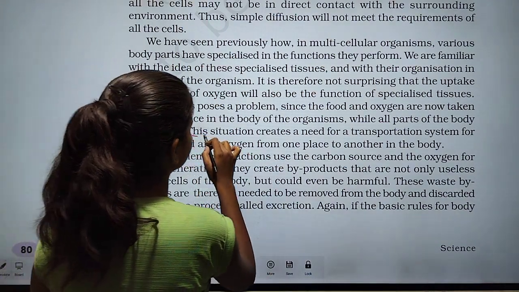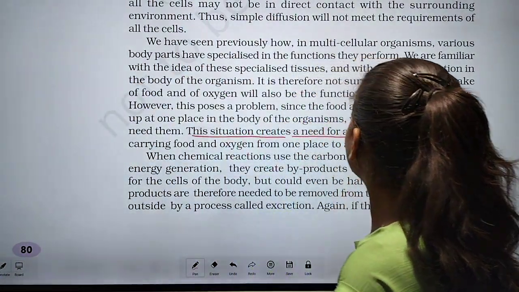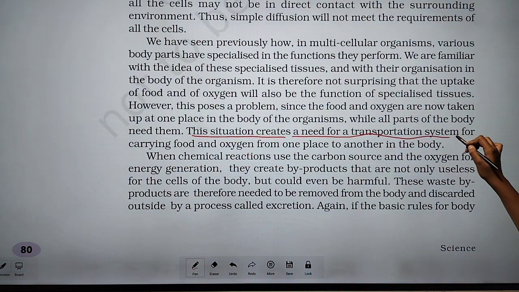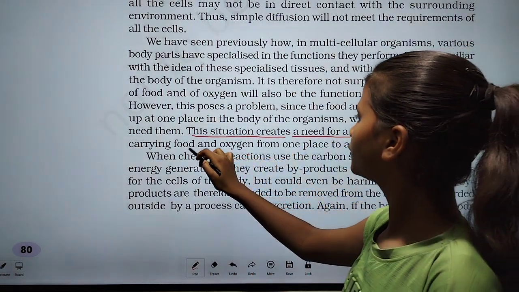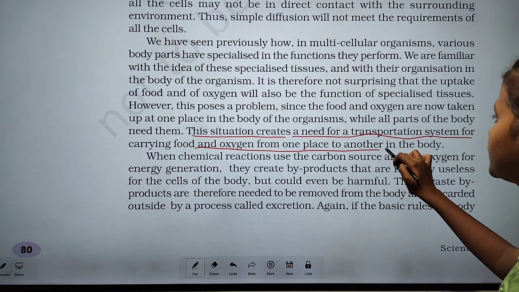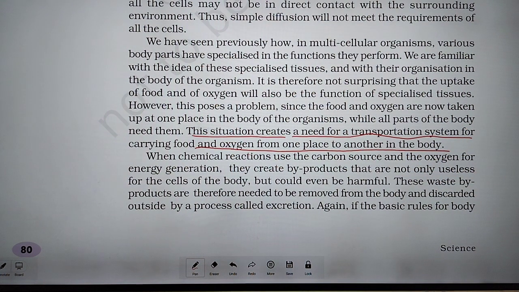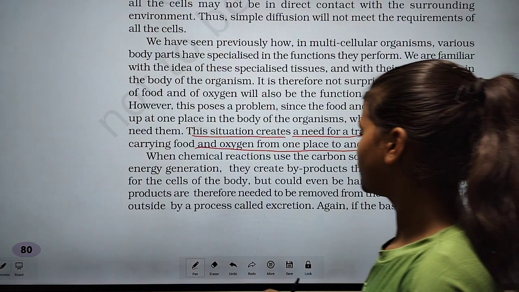This situation creates a need for a transportation system to carry food and oxygen from one place to another in the body.